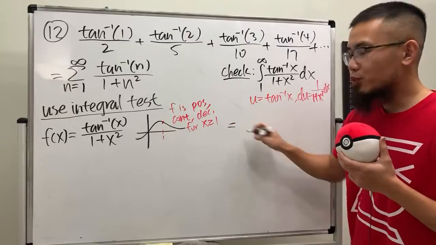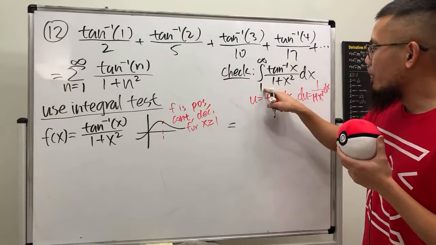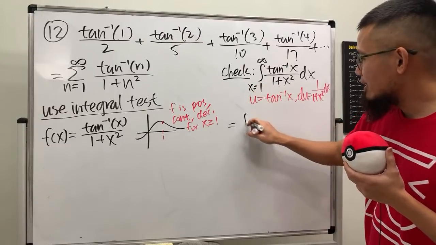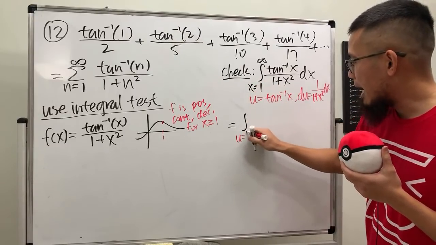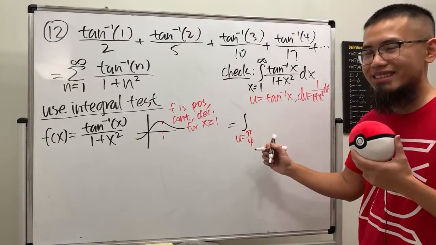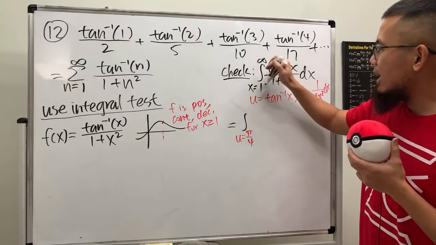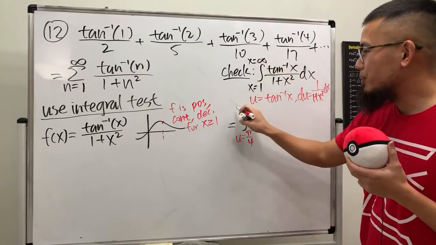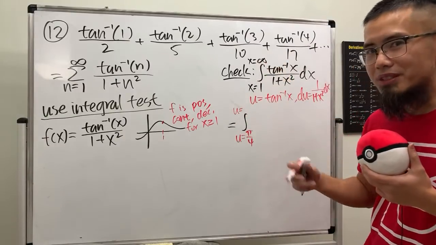So this becomes what? Have a look. When x is equal to 1, u becomes pi over 4. And when x is infinity, you put it in here, u becomes what? What's inverse tangent of infinity?